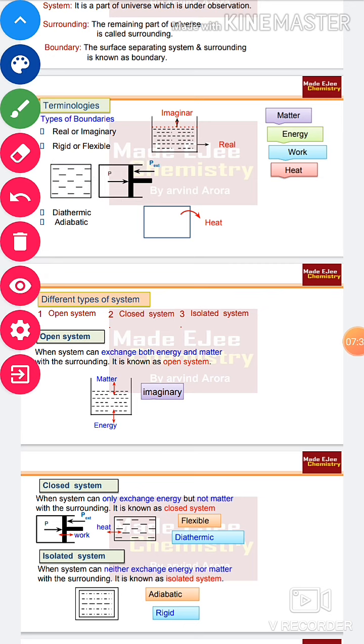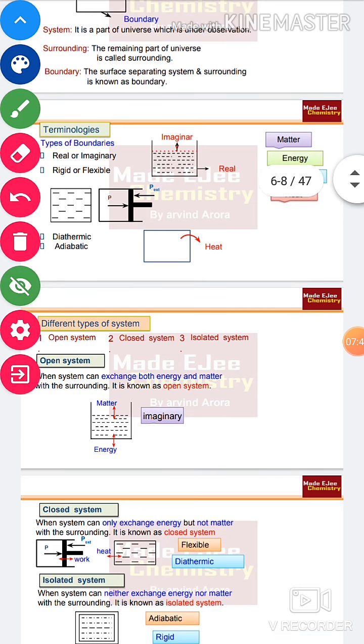The third and more important type of boundary is diathermic. What is diathermic? Dia means both, thermic means heat, both sides. That means the heat flows in both directions, from system to surrounding and surrounding to system.